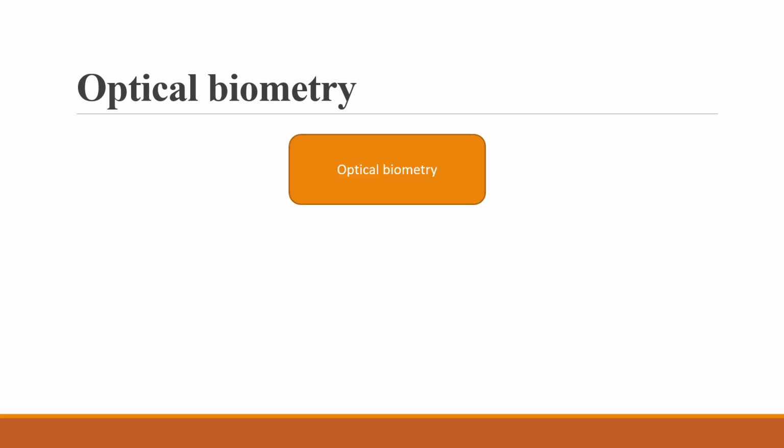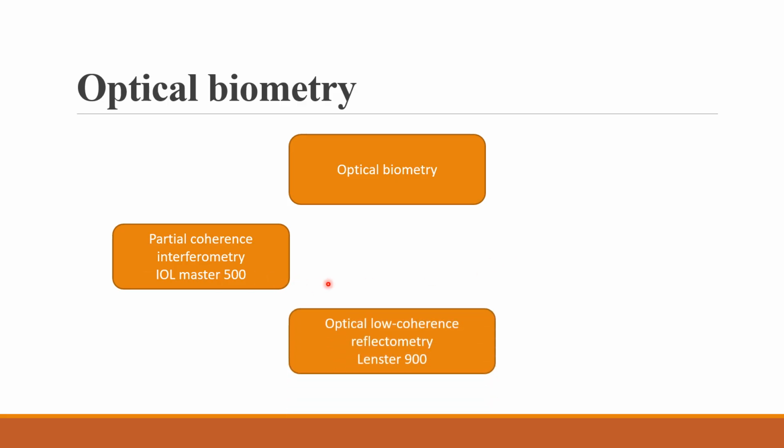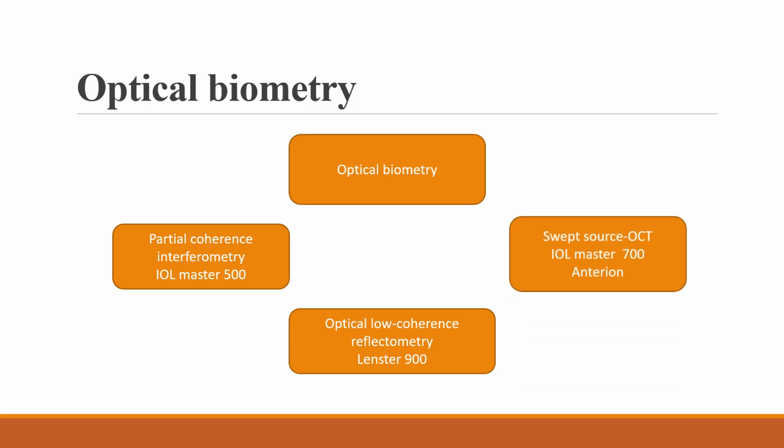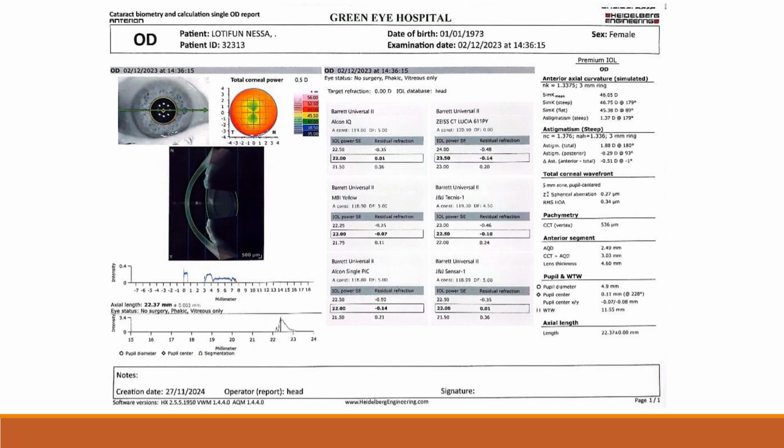Optical biometry can be divided into partial coherence interferometry, optical low coherence reflectometry, Lenstar 900, and swept source optical coherence tomography, OCT, such as IOLMaster 700 and Tryon. This is a picture of a biometer.